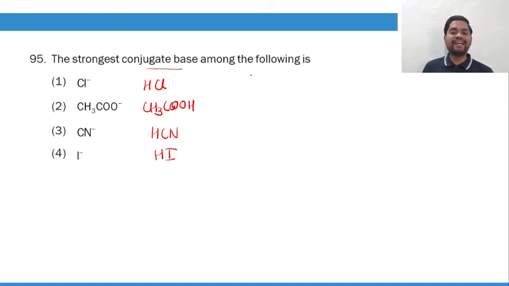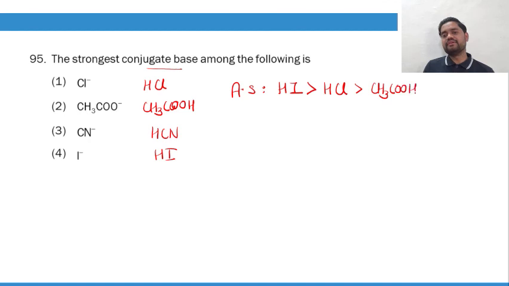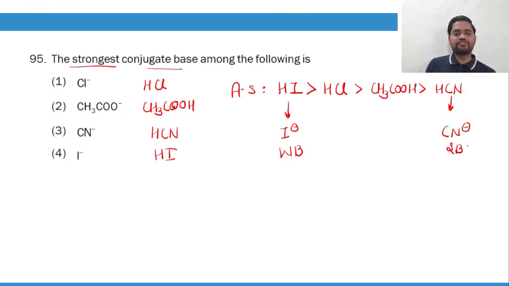If I want to write the acidic strength order, we know that HI is the strongest acid, then comes HCl, then comes acetic acid, and the last one is HCN. So if HI is a strong acid, I minus will be the weak base, and since HCN is a weak acid, CN minus ion will be the strong conjugate base. They have asked the strongest one, and hence I'll go with option number 3. 95, option number 3 is the right answer.